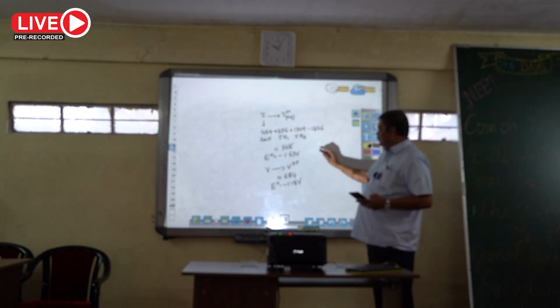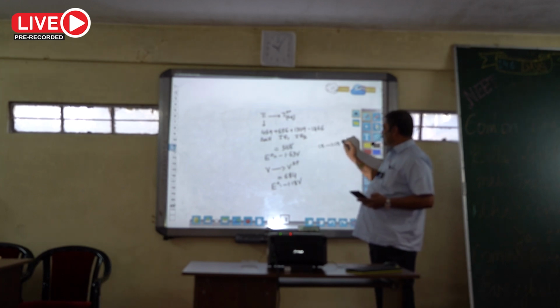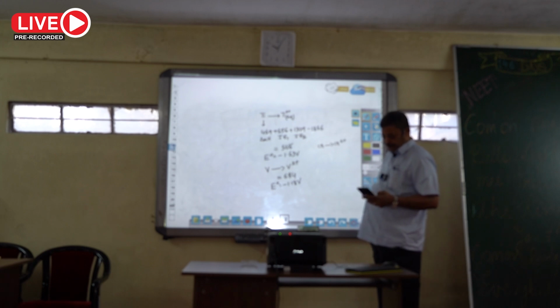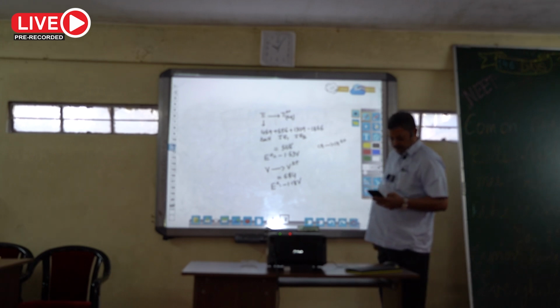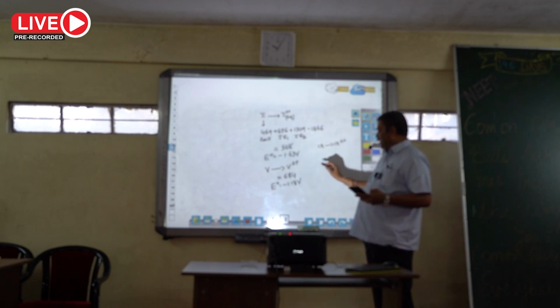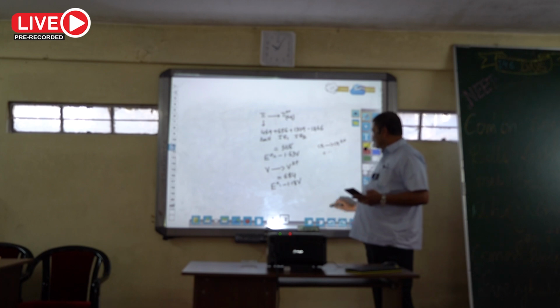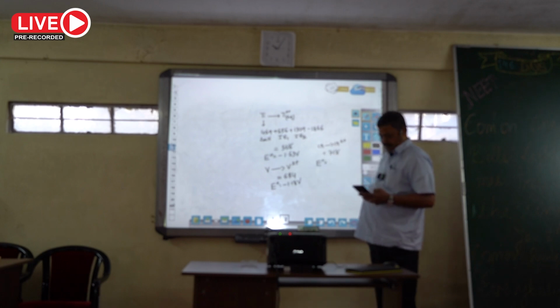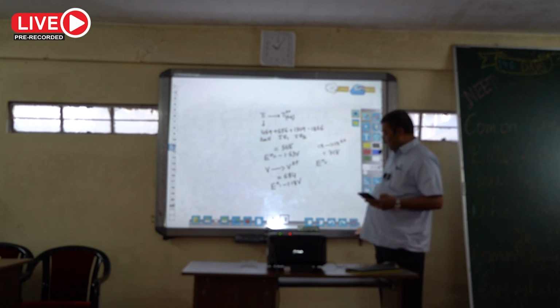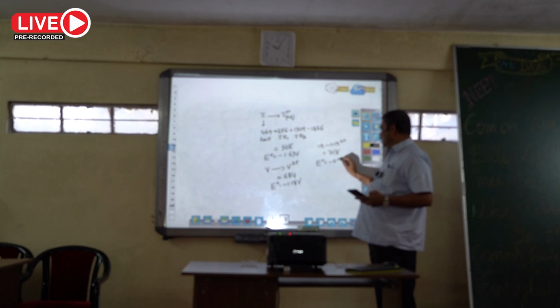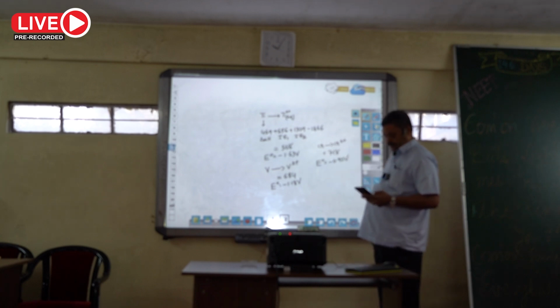Next, chromium. To chromium 2 plus, if you do that, you will get 718, and the E naught value is minus 0.90 volts.